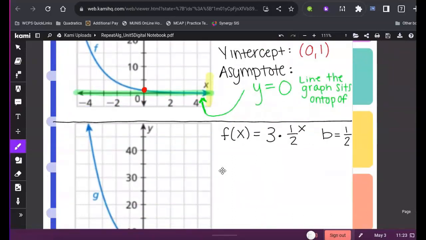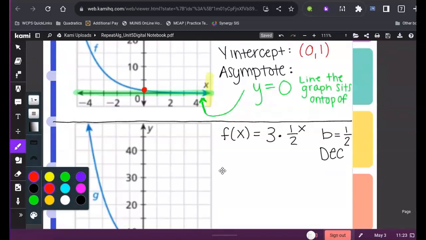It's the base of the exponent, the number with the x. That's our b value. So that confirms that our graph is not increasing, it's decreasing because it's going down. And we'll come back to this, but a is equal to 3. So that might help us identify one of our key features.